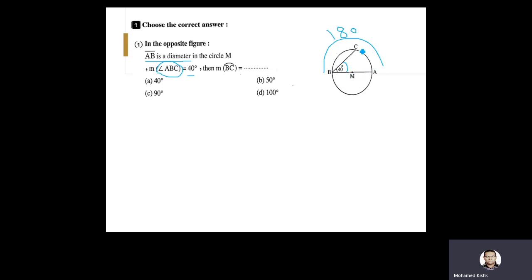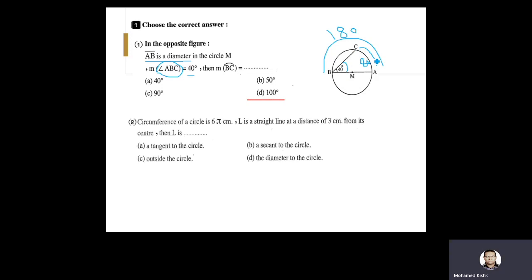It means that the measure of arc AC, which is subtended by the inscribed angle, is double the measure of this inscribed angle. So the measure of arc AC is 80 degrees, double of this angle, and we have this arc ACB is 180. So the rest is 180 degrees minus 80. So the answer will be 100.